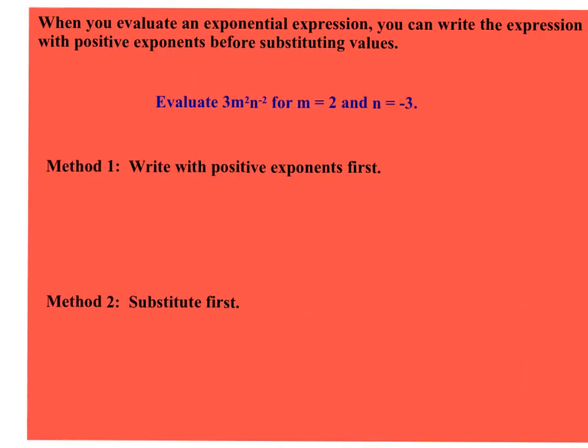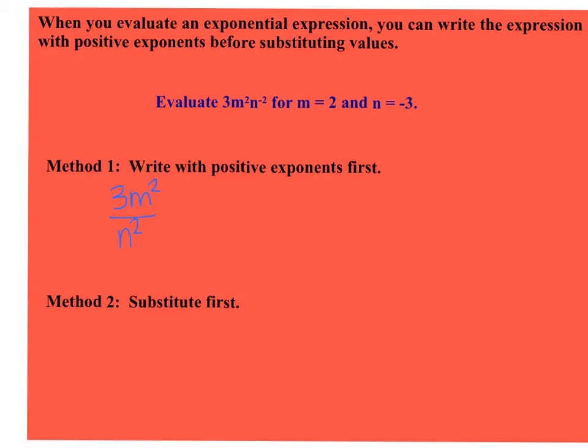Next, we're going to evaluate. So we are evaluating 3m squared n to the negative second when m is positive 2 and n is negative 3. So the method 1 is to just write this expression all with positive exponents first. So that would look like this. 3m squared over n squared.